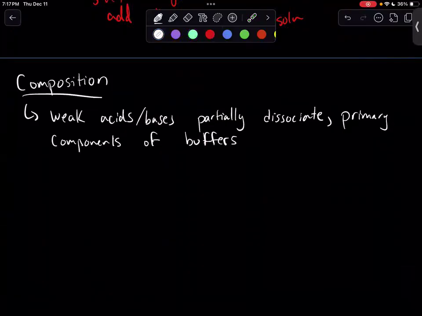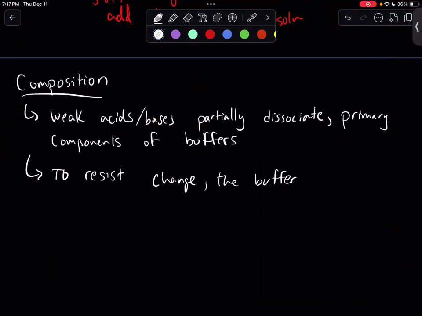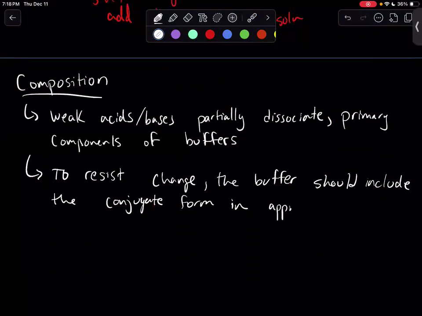So that's really only half of it. In addition to resisting change, the buffer should include the conjugate form, and we need the conjugate form in approximately equal amounts.